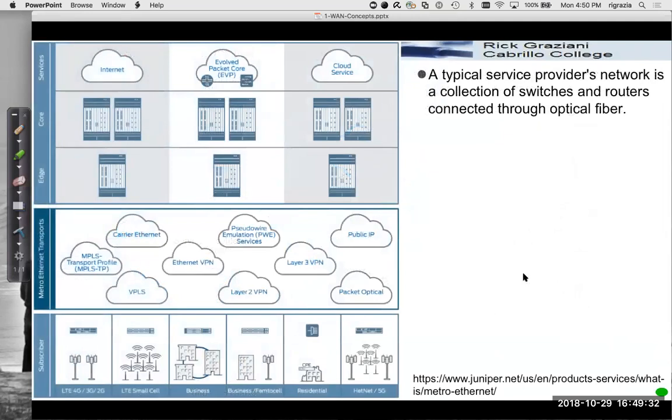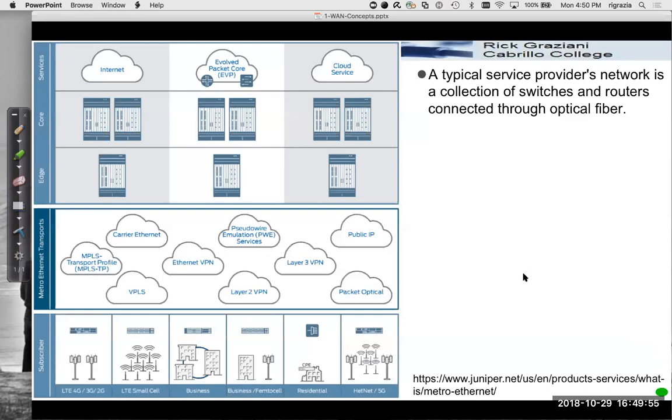So a typical provider's network, I got this from Juniper Networks. I really kind of like this. It shows how you can subscribe down there at the bottom, LTE, 4G, 3G, 2G, even 5G, or via wireless or wired cables, and inside the networks themselves, how they actually carry it.